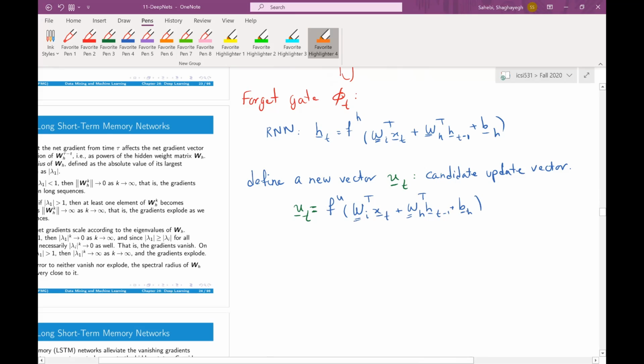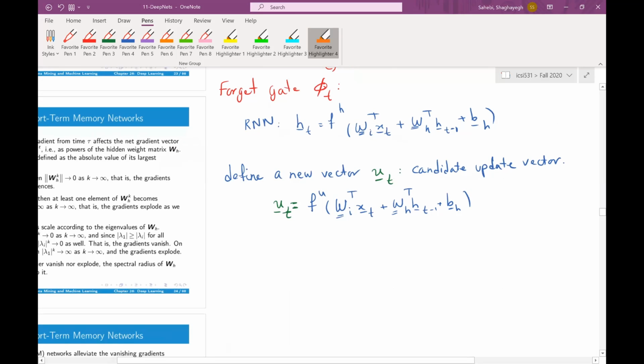So you can see that it's very similar to h_t in RNN, but here it is not our definite hidden state, because after we calculate u_t, we have to forget something and remember something else, right? So basically, it's just a candidate for the hidden state. So we have now this candidate vector, okay?